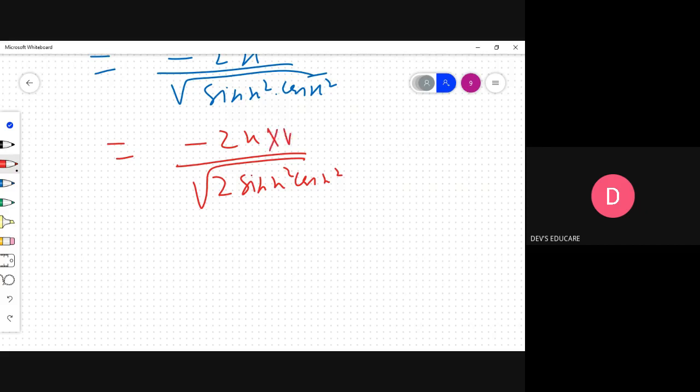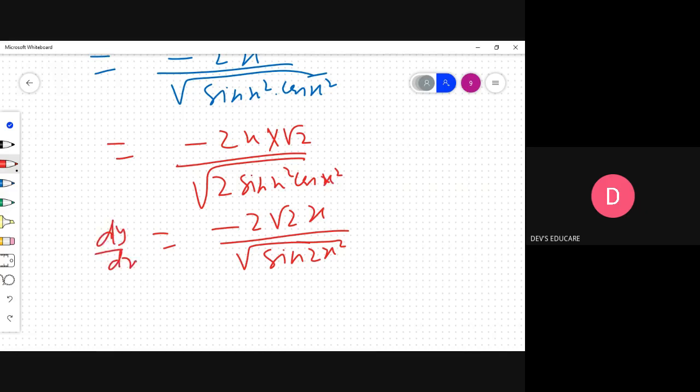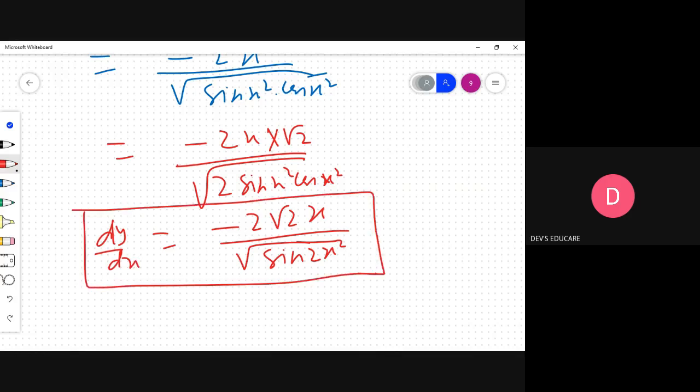So this is minus 2 root 2 x upon root sine 2x square. How is it? Sin x into cos x is sine 2x. So basically we have used a trigonometric identity over here. Check your answer from the back side. Minus 2 root 2.